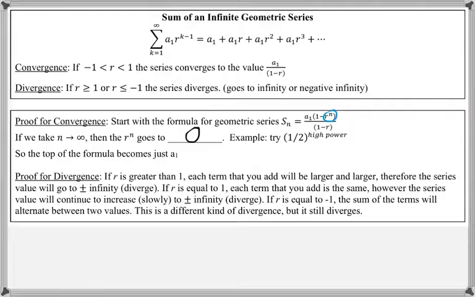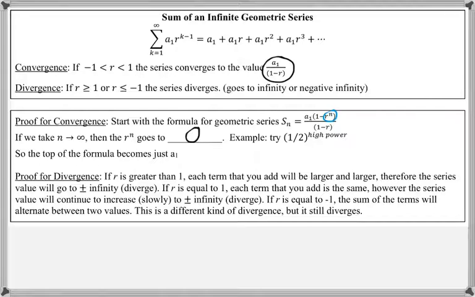So for example, if you take 1/2 on your calculator and raise it to a really high power like 10,000, you can see that it's going to 0. So 1 minus 0 is just 1, and then a1 times 1 is just a1. So the numerator will just be a1, and you'll get the formula for the value that our series is converging to.